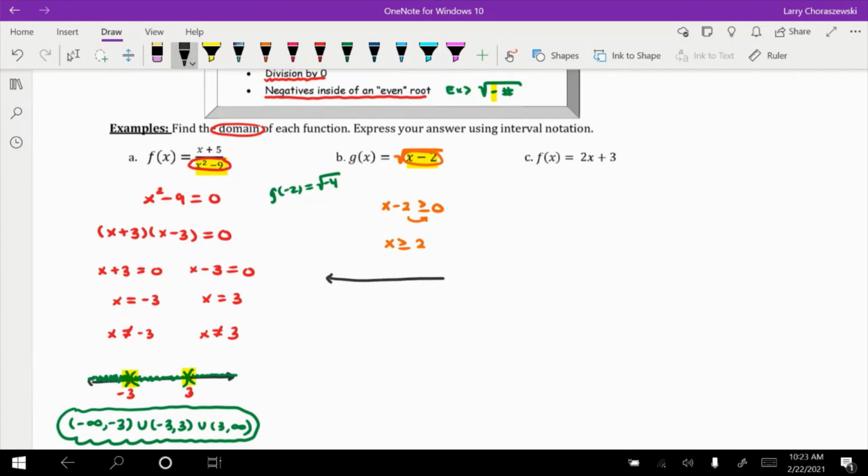On a number line, since we're comparing x to 2, I'll put a tick mark for 2 on the number line, and we'll shade to the right of it. Now, since there's a bar with this inequality symbol, we will also include the 2. And so our domain would be bracket 2, comma, infinity.